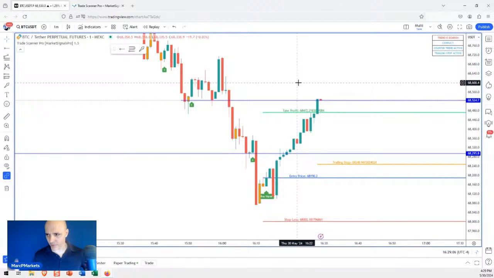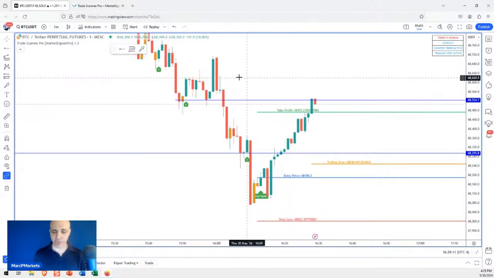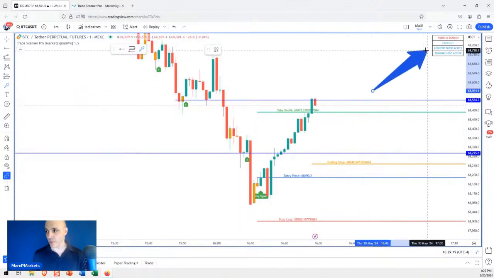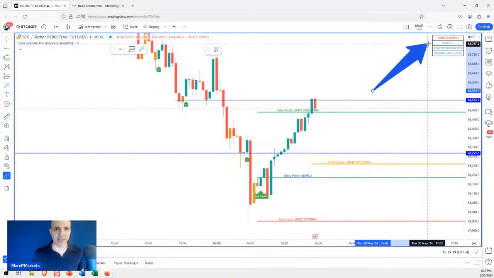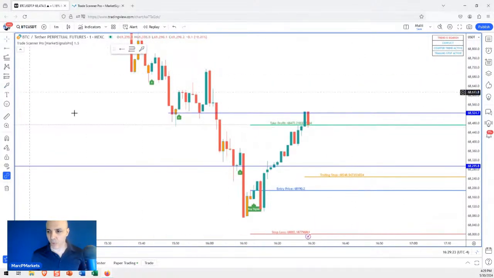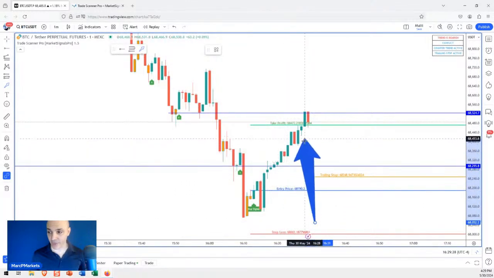Okay, let's see. One thing I wanted to mention real quick, and Giovanni has asked this question, and I think this would be a good time to answer it again: if you notice over here, in this box, it says conflict. See that? So what conflict means is when you get price action like this that goes against the trend of the time frame, it will say conflict.